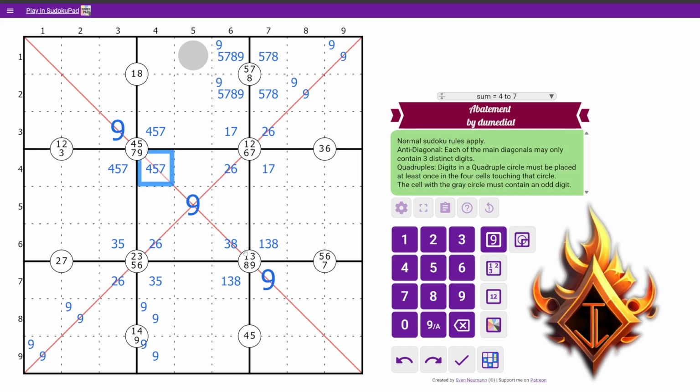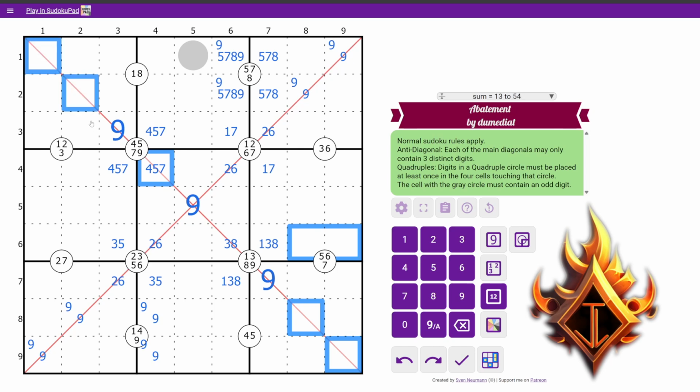If a 4, let's try with 7. If a 7 went here, a 7 would go down here, right there. It would have to go in one of those. It would have to go there. And it would need to go there. So it could not be on this diagonal.